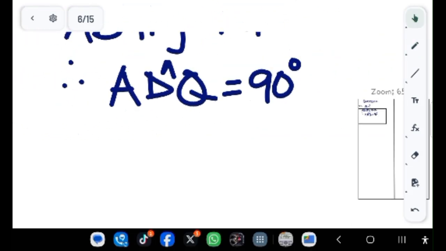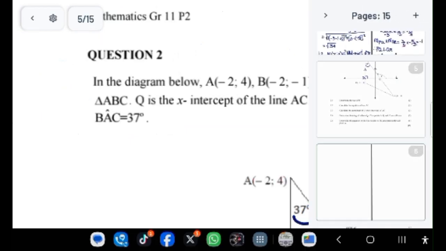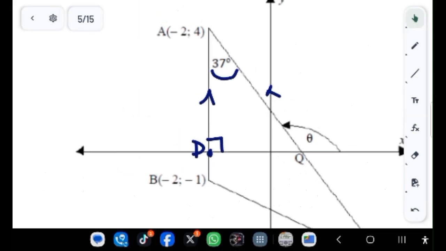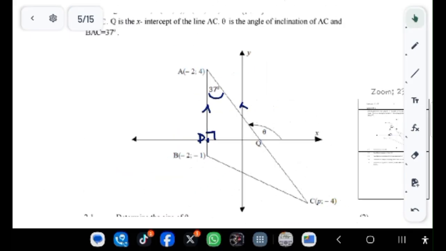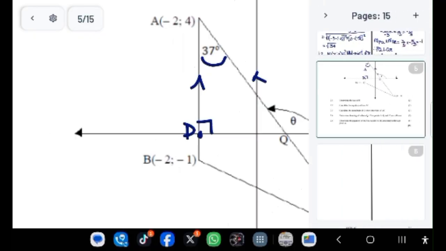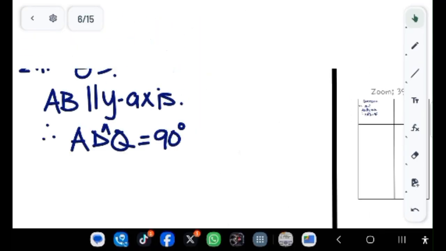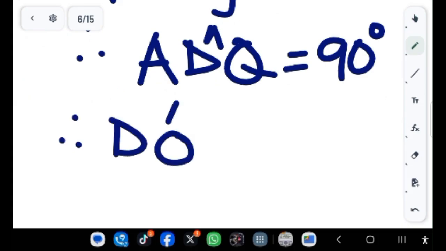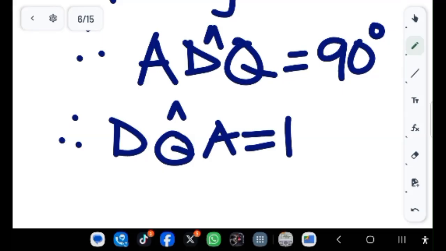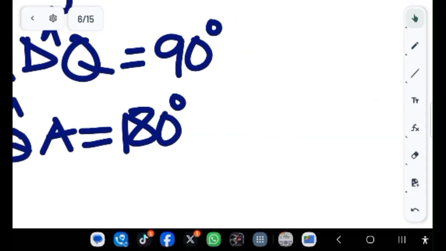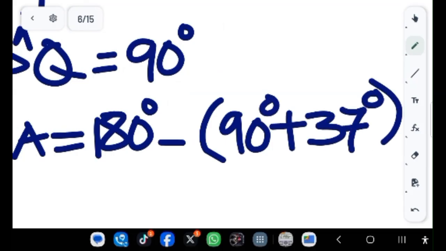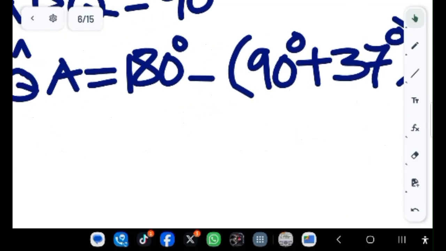Meaning that this angle, which is on the same straight line with theta, angle DQA, will be equal to the remainder of that. Therefore, angle DQA will be equal to 180 degrees minus, in brackets, 90 degrees plus 37 degrees. And the reason is sum of angles in a triangle.